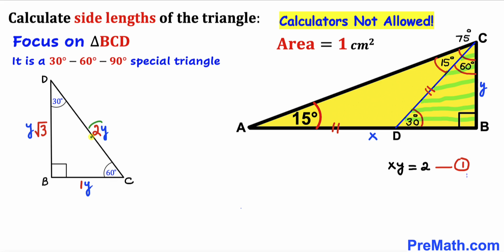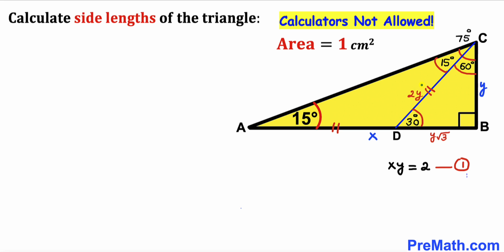Then this CD length is going to be 2 times y, and this BD length is going to be y times square root of 3. We can see that this CD length equals AD length. So therefore this AD length is going to be 2 times y as well.